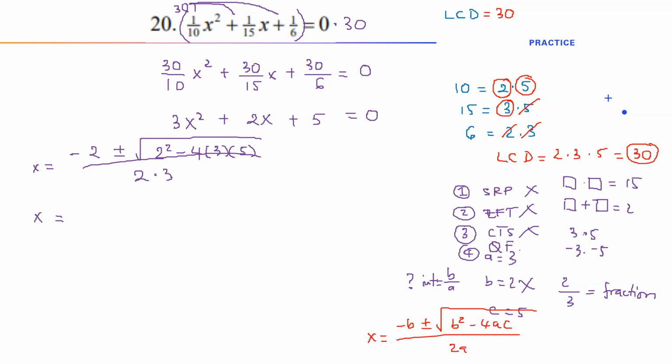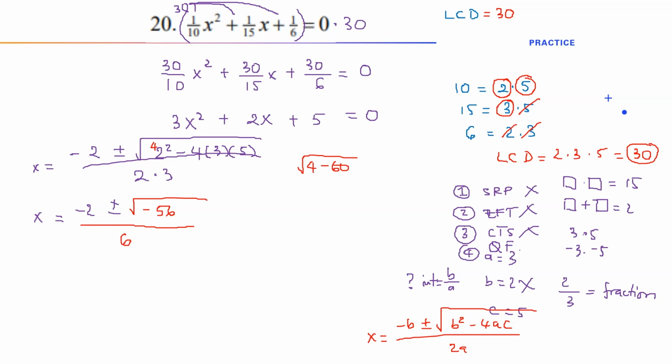Now simplify it. Negative 2, keep it the same, plus or minus. Inside, under the square root, we have 4 right here. Minus 4 times 3 is 12. We can do 4 times 5 first, so it's like 20 times 3 is 60, so 4 minus 60 under the square root, right? That will be negative 56 over 2 times 3 is 6.